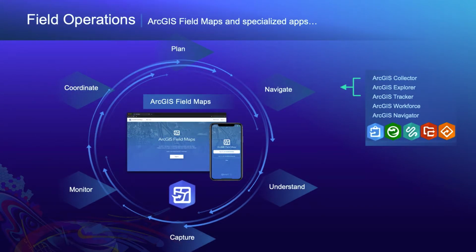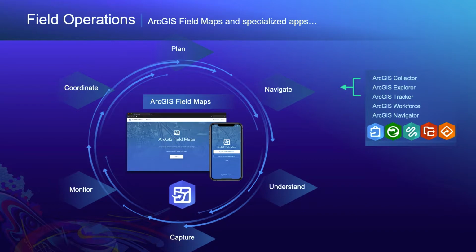Before I jump into talking about MDMs, I wanted to call out which apps we're considering for this session. First, we have our field apps, which help you optimize efficiency of your field activities with the power of location intelligence. These include ArcGIS Navigator, Workforce, Tracker, Explorer, and Collector, as well as our new premier app called ArcGIS Field Maps.